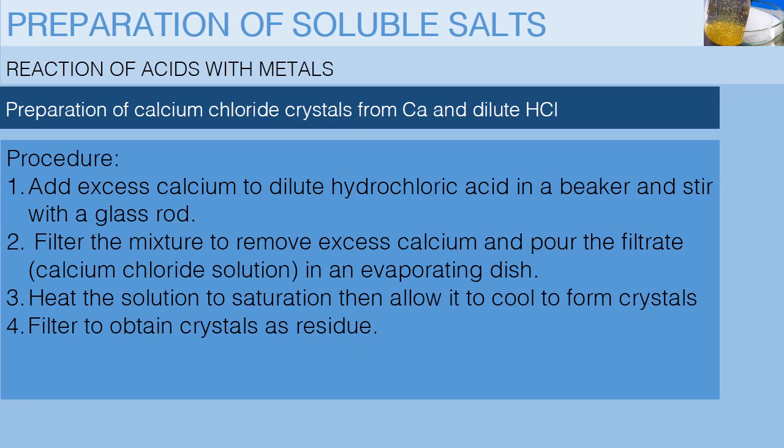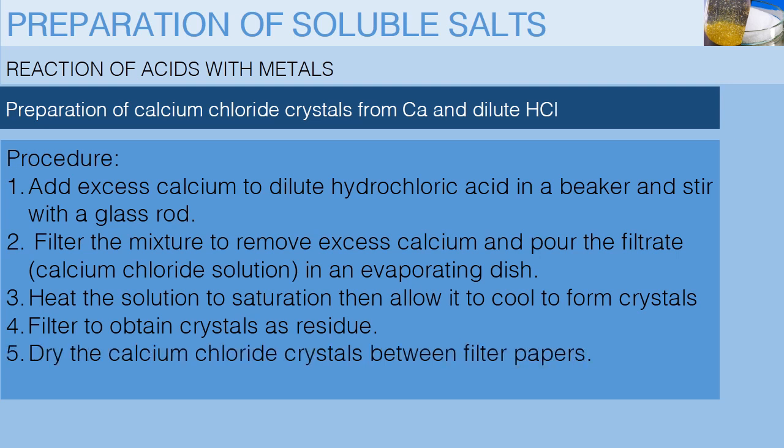You filter to obtain crystals as a residue, and finally dry the calcium chloride crystals between filter papers. As you can see, procedure number 3 is the procedure for crystallization that we just did a few moments ago. The equation for this reaction is as follows.